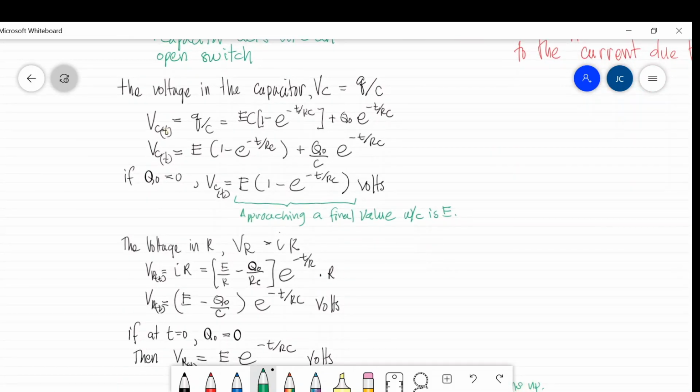If we are going to determine the voltage equation for the capacitor using this equation, Q over C, our Q is EC times the quantity of 1 minus e to the negative t over RC, plus Q sub O e to the negative t over RC.